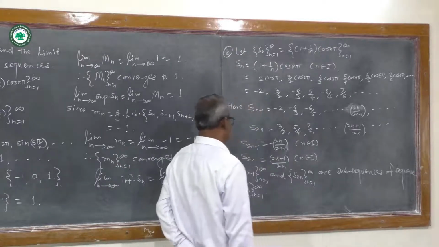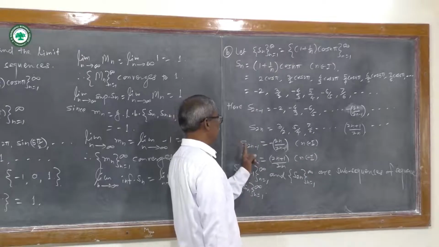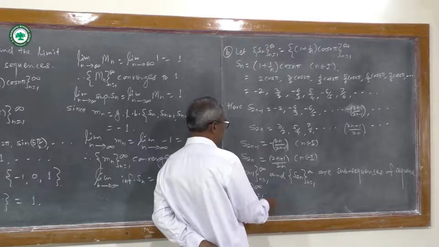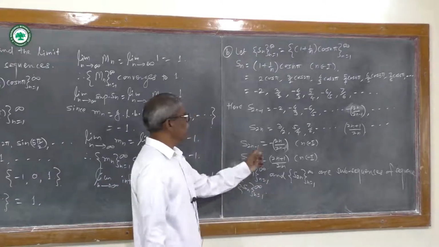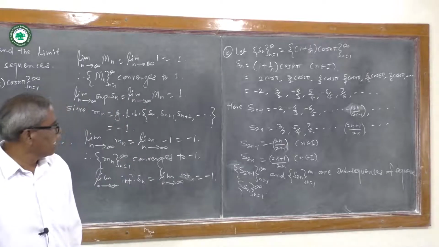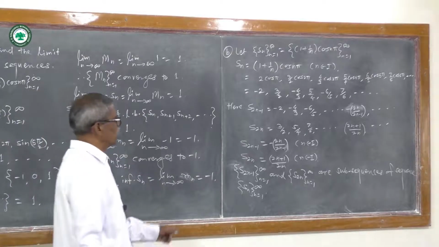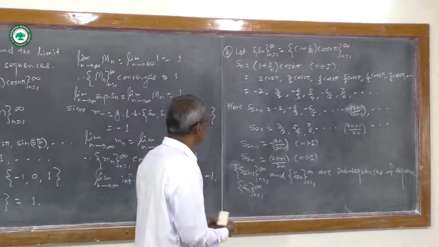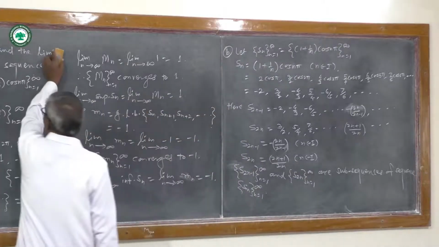Now limit n tends to infinity of S suffix 2n minus 1 gives minus 1, and limit n tends to infinity of S suffix 2n gives plus 1.